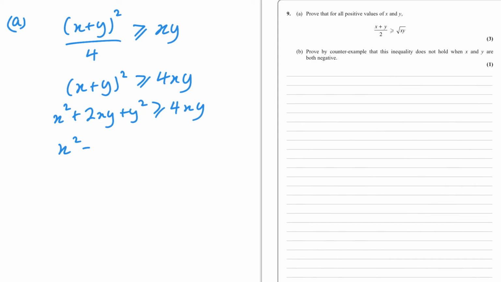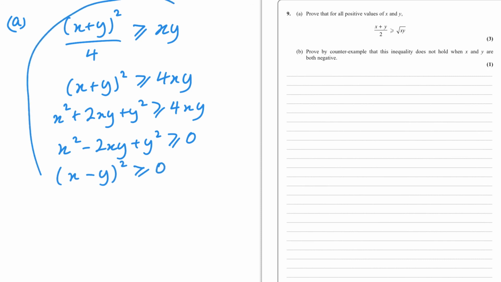X squared minus 2xy plus y squared is greater than or equal to 0 when I subtract this here. Now this is (x minus y) squared is greater than or equal to 0.